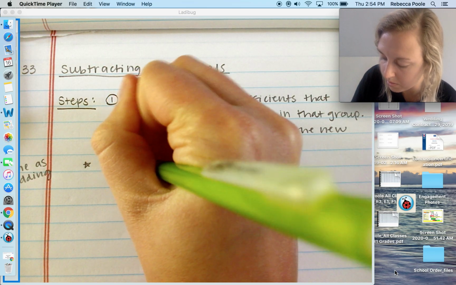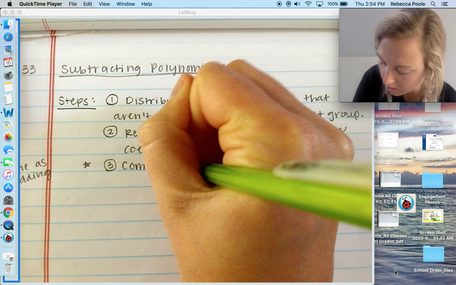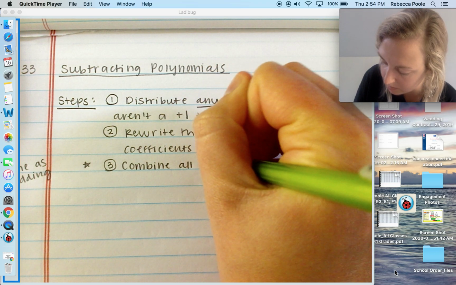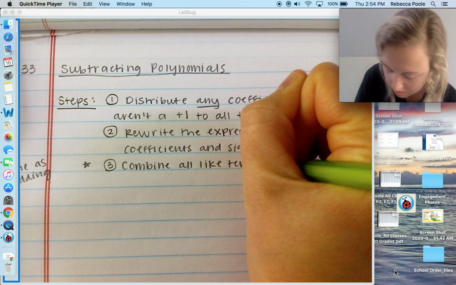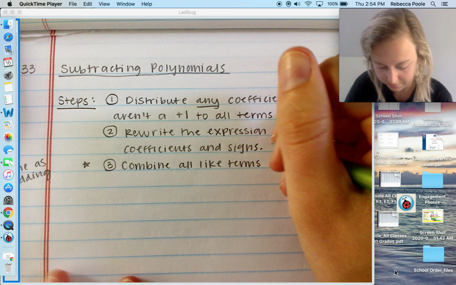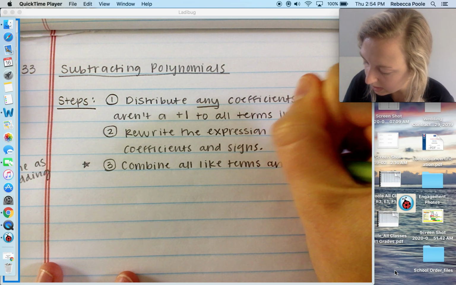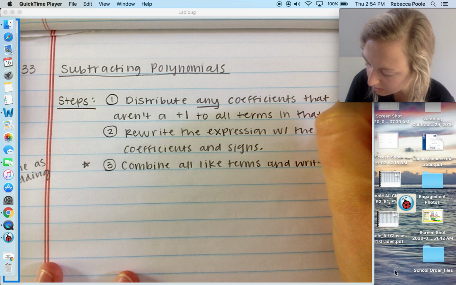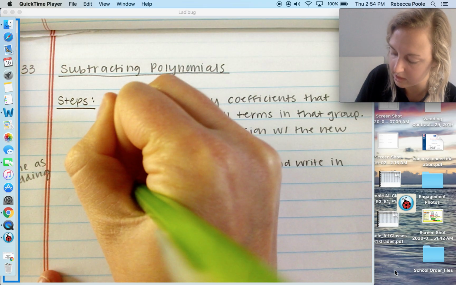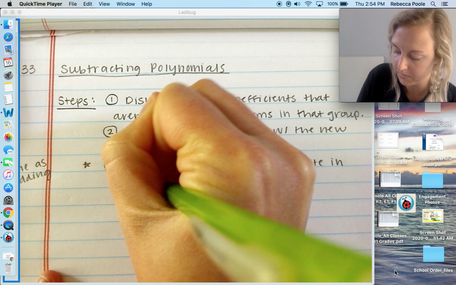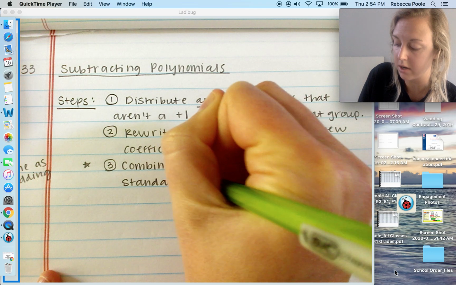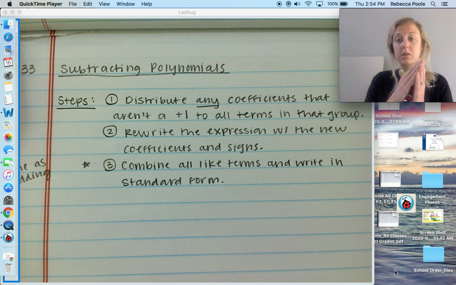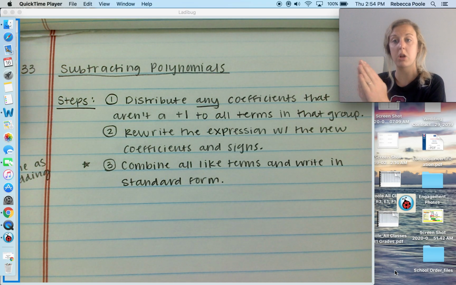You're going to combine all like terms and write in standard form. And again, just remember, standard form is the biggest exponent to the smallest one, backwards.